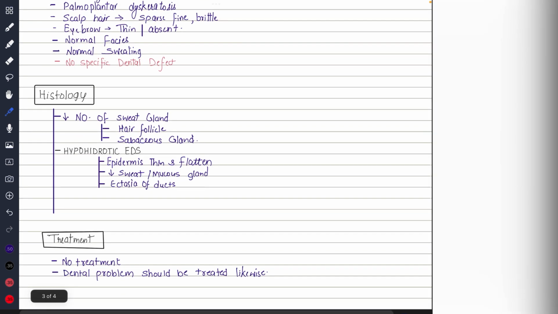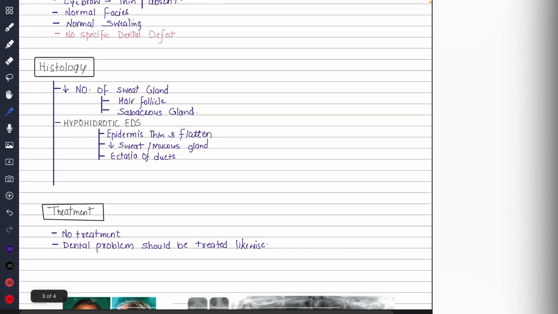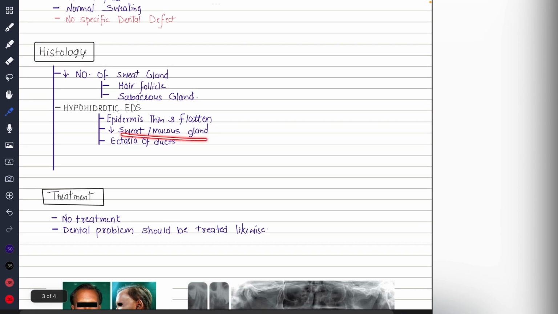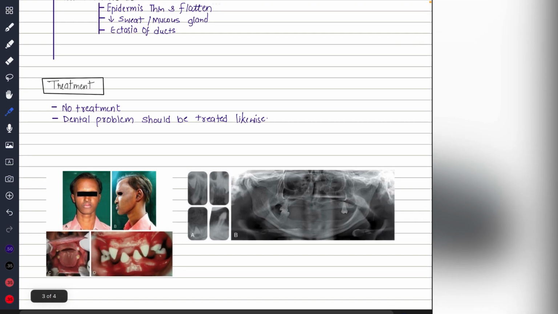Histologically, you just have to draw everything as normal. Just draw the ectodermal, basically epithelial part, defective. You also have to reduce or absent the number of sweat glands, reduce or absent the hair follicles and sebaceous glands. In hypohidrotic, sweat and mucus glands and especially the ducts will also be affected.